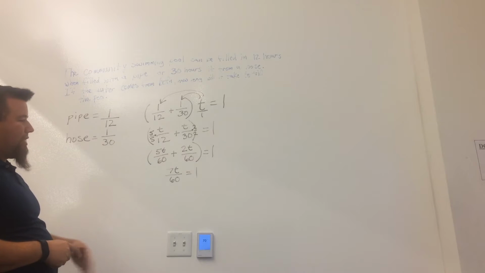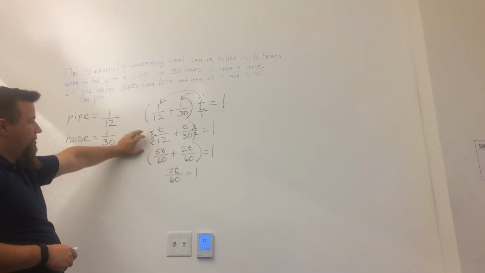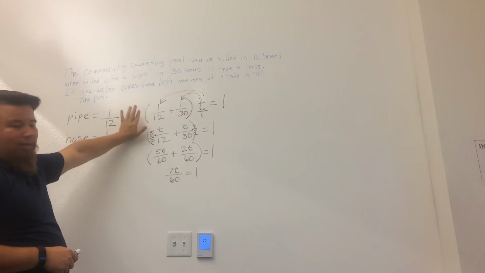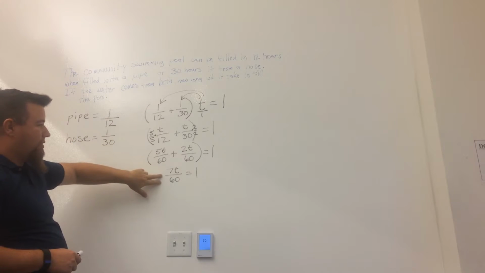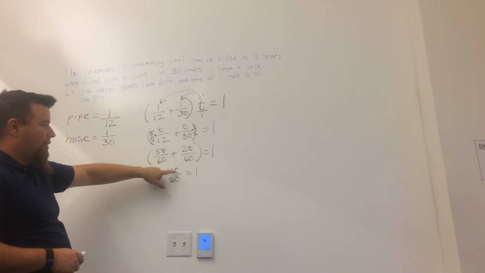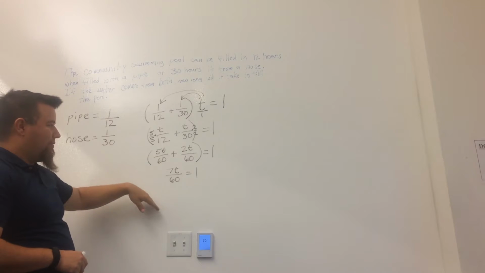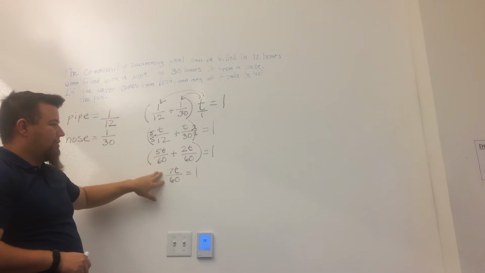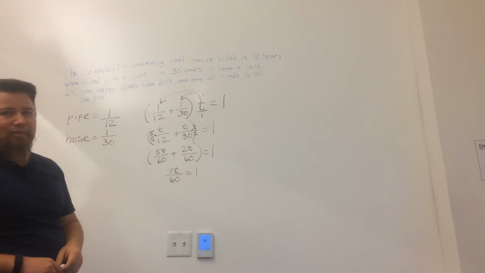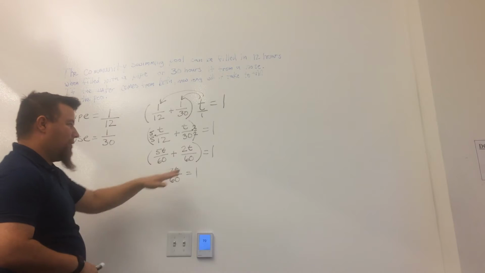Alright, so now that we've simplified this more complicated thing up here, we want to make the t be all by itself and put all of these other numbers on the other side of the equation with that 1.